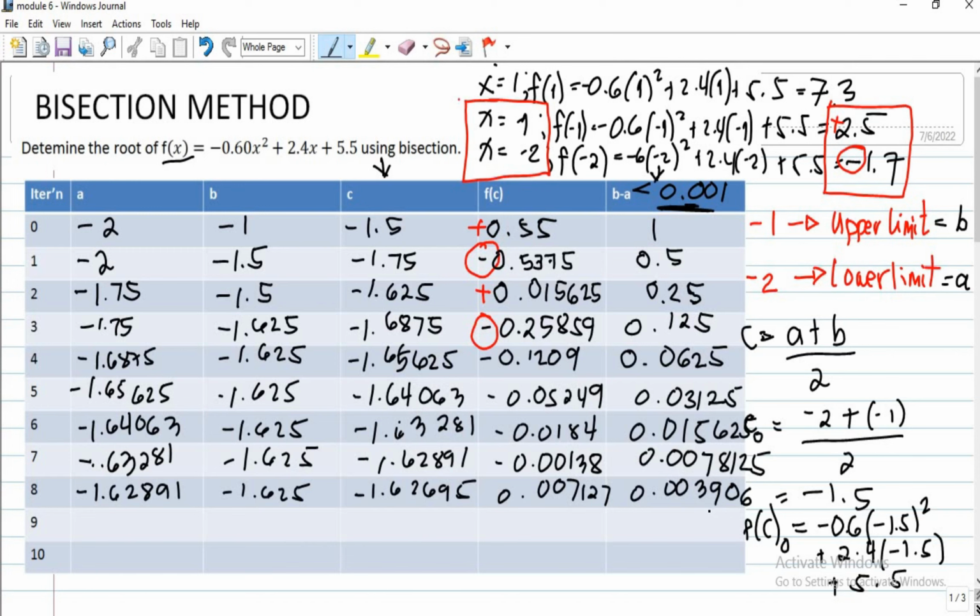In my iteration 8, if you try to look here, itong si 0.0039, malayo pa ba? So, hindi pa siya less than 0.001, so I need to continue my iteration. Iteration 9, 1.62891.